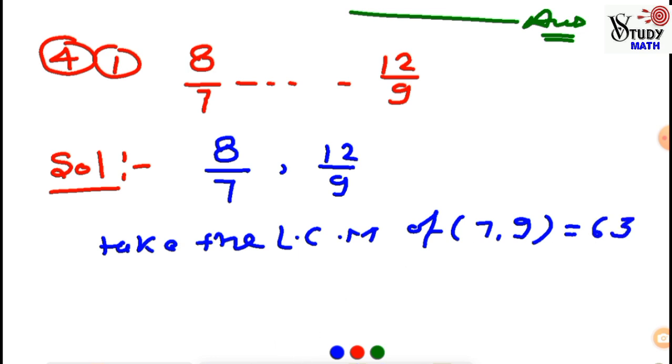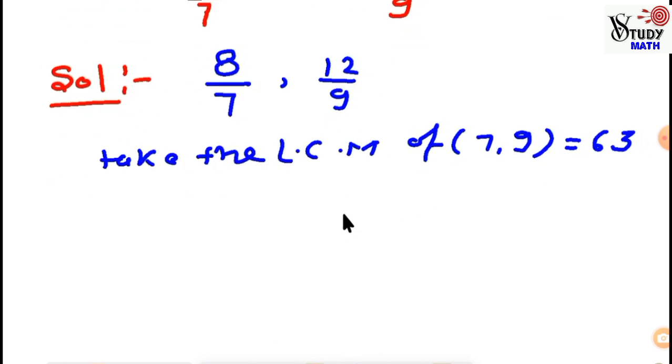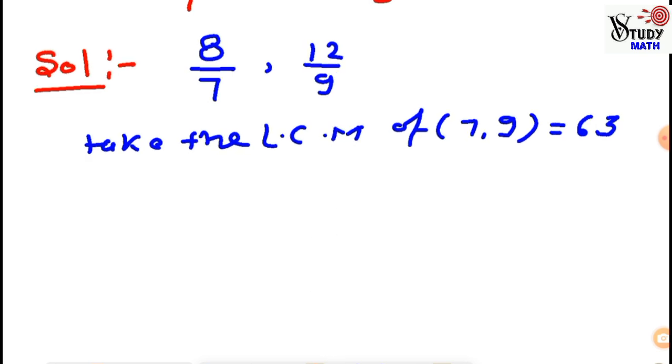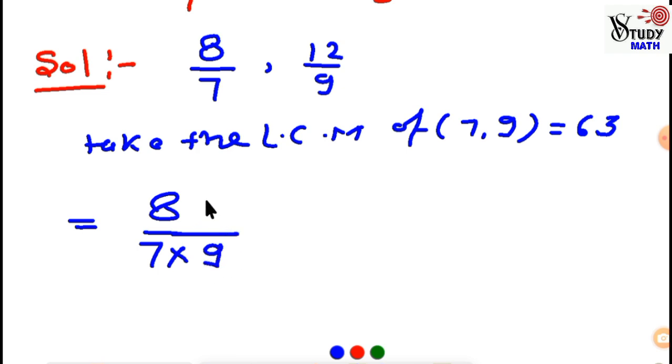So my dear students, now we make 8 upon 7. We convert this 7 into 63. For that we have to multiply it by 9, so we multiply the numerator by 9 as well.